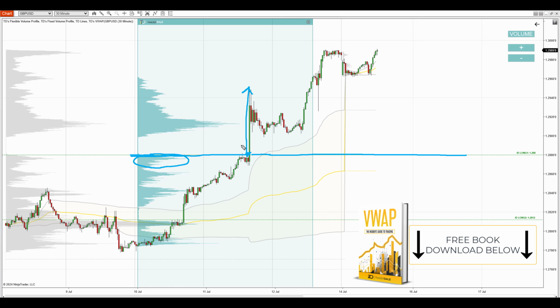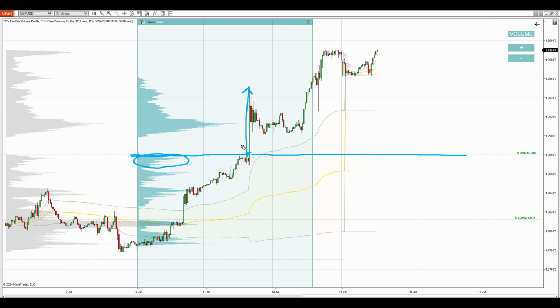So this is showing us a place where buyers were actively adding to their long positions and pushing the price upwards. Right? So when there's a pullback, if there's a pullback, there's a chance that there'll be a reaction, right? Because of the buyers defending this heavy volume zone where they were active before.